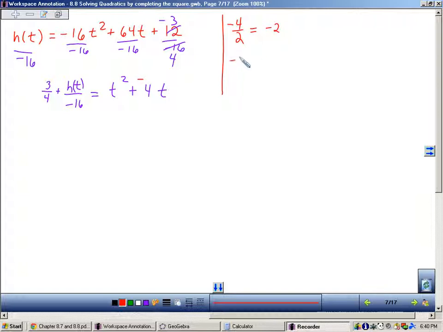And then we square negative 2, and that gives us positive 4. So we add positive 4 to each side.